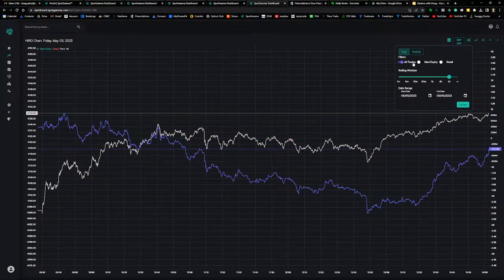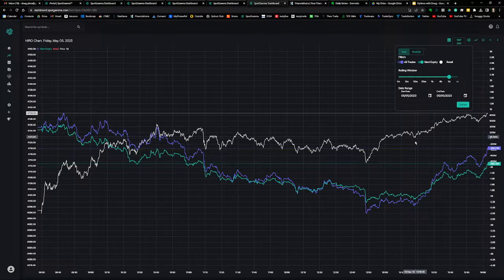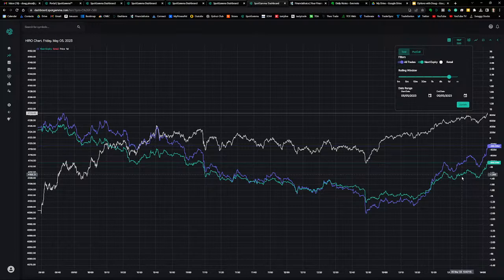Let's see what the 0 DTE options traders are doing, and it's very similar to the total signal. In the total signal, all expirations is shown with a purple line, and the 0 DTE options are shown with this kind of green line.